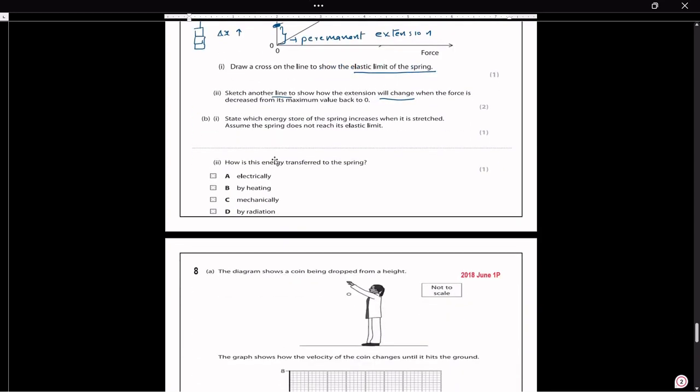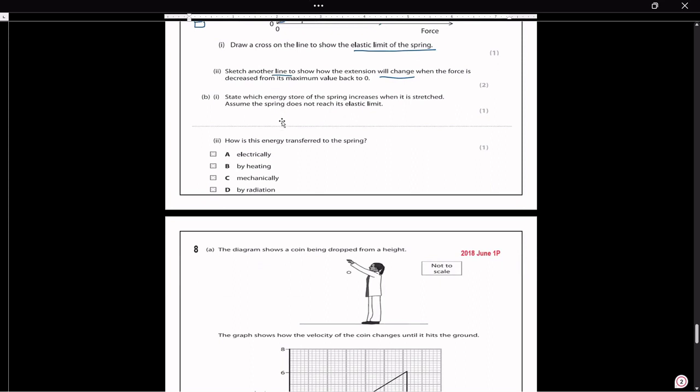Now the next part of the question is, state which energy store of the spring increases when it is stretched, assuming the spring does not reach the elastic limit. So it is elastic potential energy. Elastic potential energy increases.